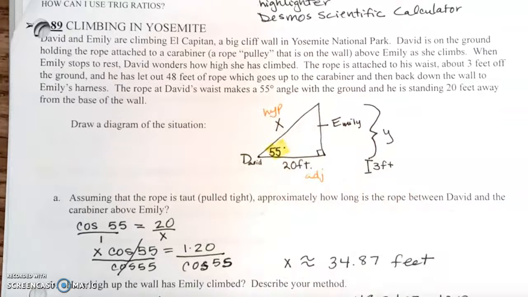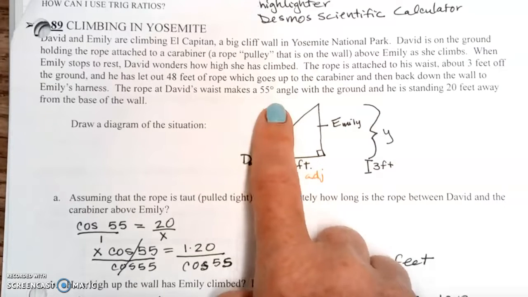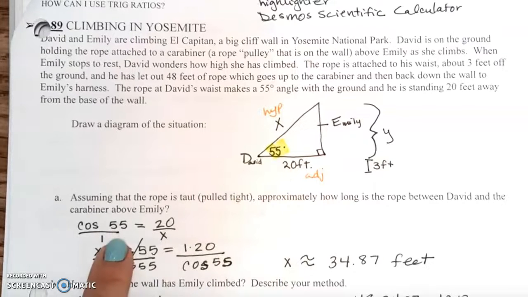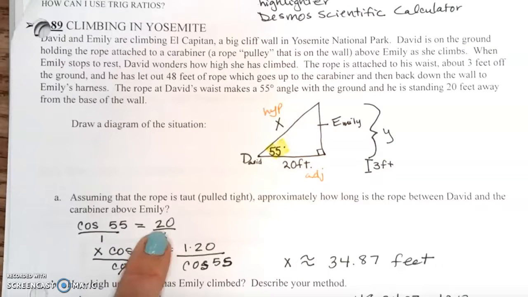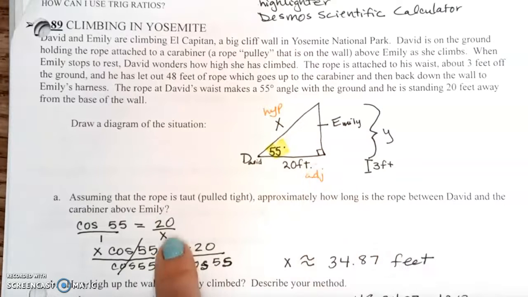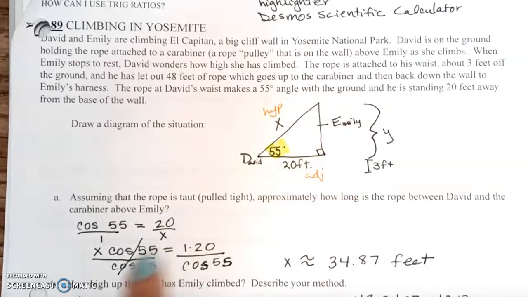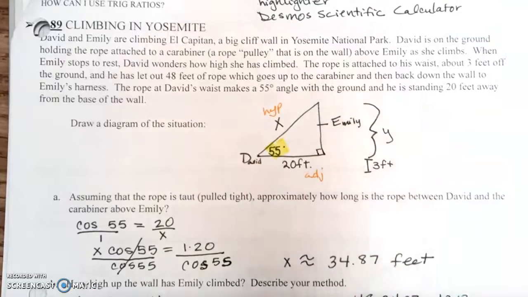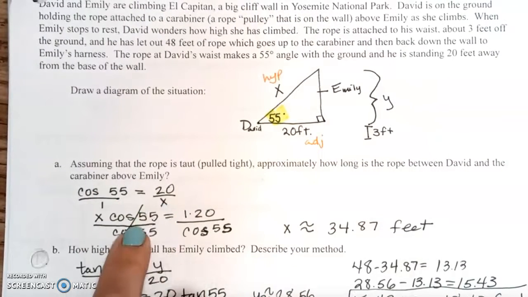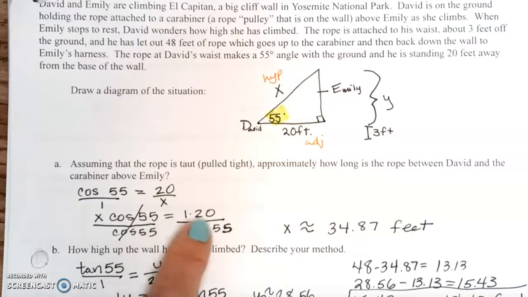So the trig function that uses adjacent and hypotenuse is cosine. Okay? So we take the cosine of the angle given, set it equal to the adjacent, which is 20, over the hypotenuse, which is X. We make it into a proportion by putting it over 1. And then we do the cross product. So we're going to multiply X times the cosine of 55, set it equal to 1 times 20.